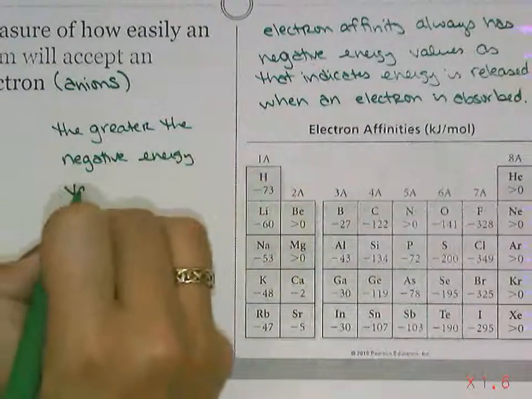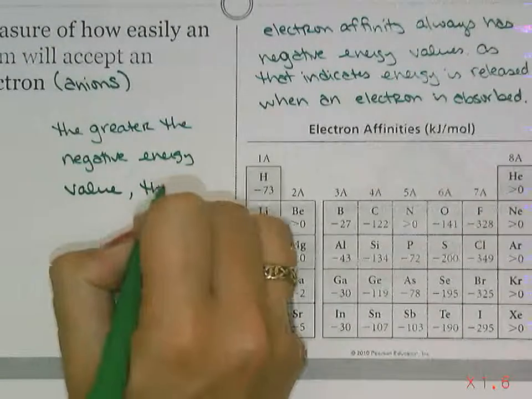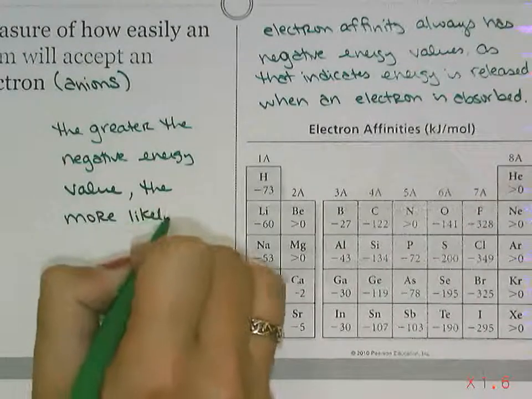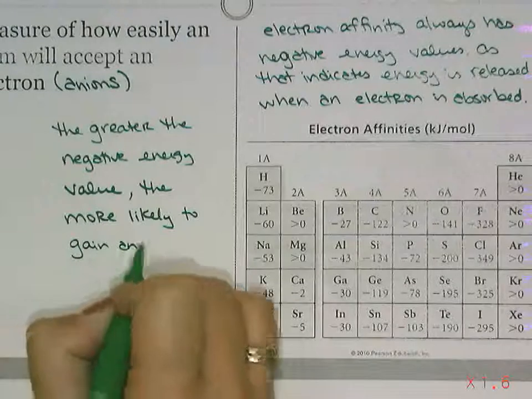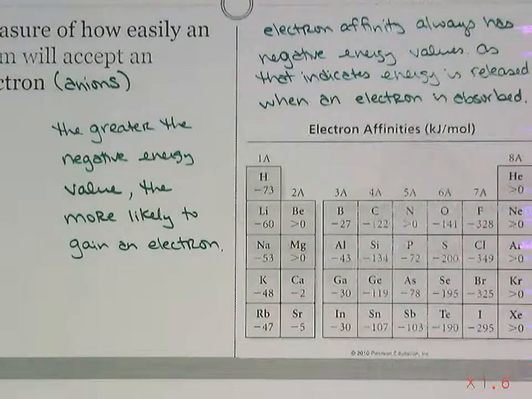So the greater the negative energy value, the more likely that element is to gain an electron.